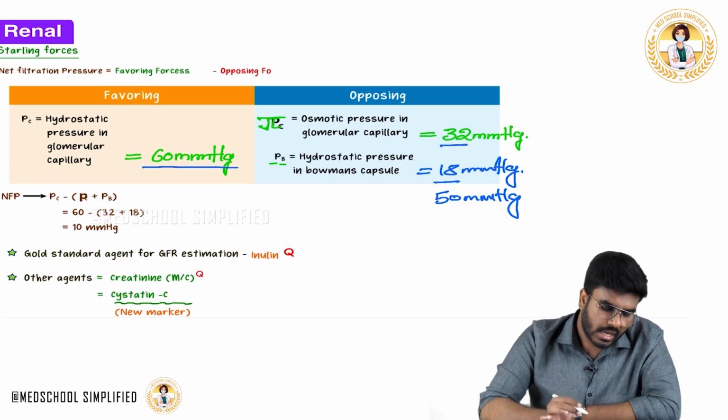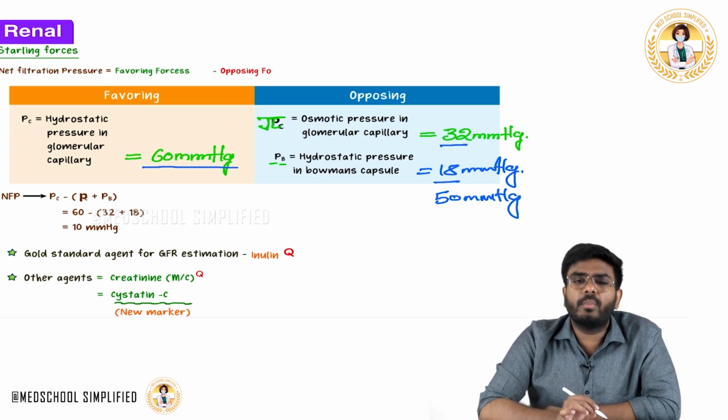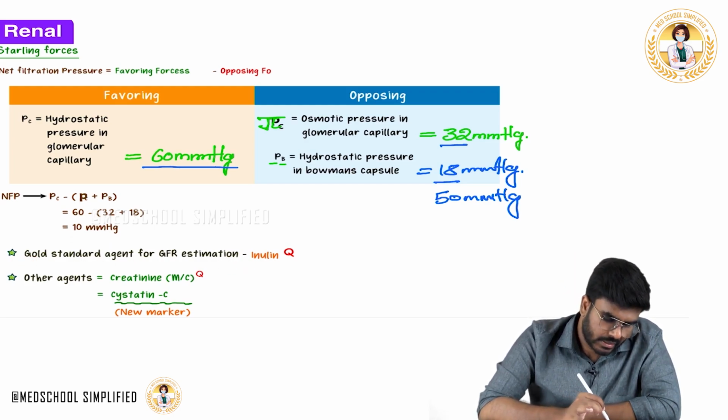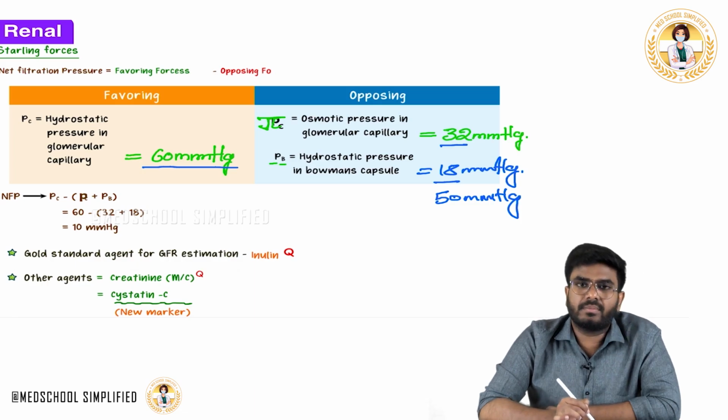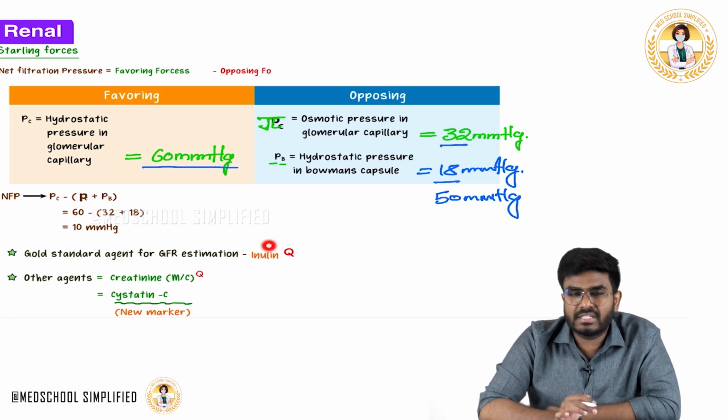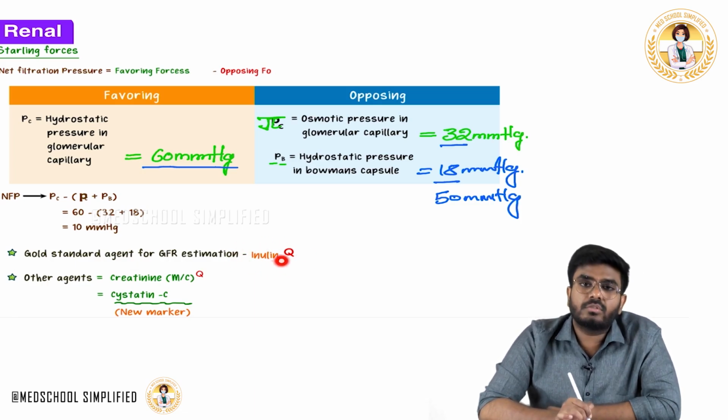We know the normal glomerular filtration rate is 125 ml per minute. So how to calculate it? The gold standard agent or marker to calculate the GFR is inulin. You inject the inulin and look at the urinary concentration of inulin and the plasma concentration of inulin. There is a formula to calculate the GFR, which we will see in the next slide.